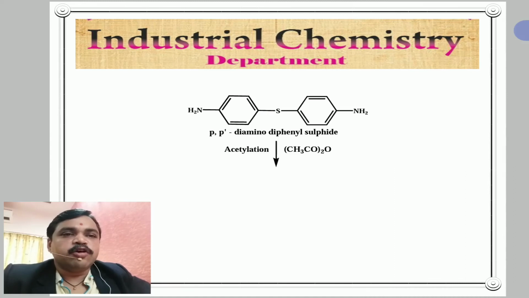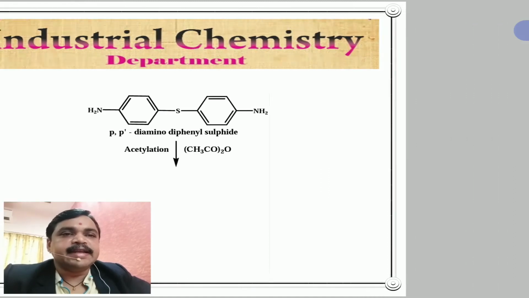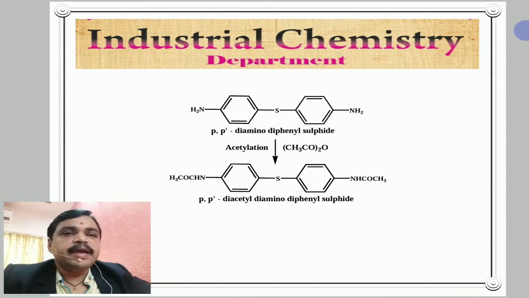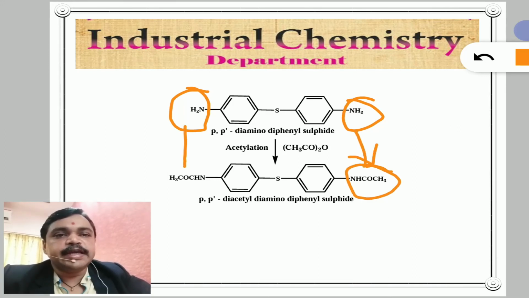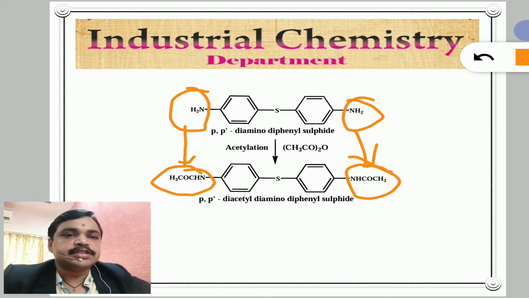In presence of acetic anhydride, both NH2 groups are converted into NHCOCH3, and we get para-para'-diacetyl diamino diphenyl sulfide.